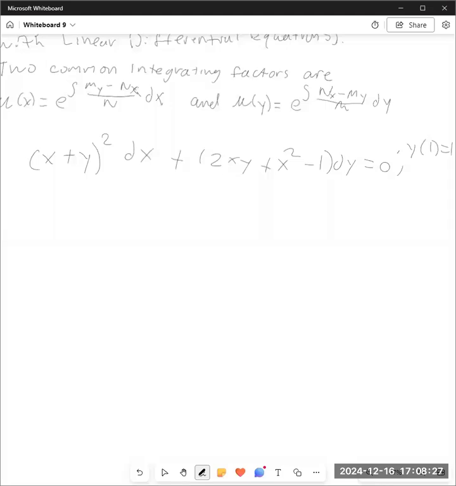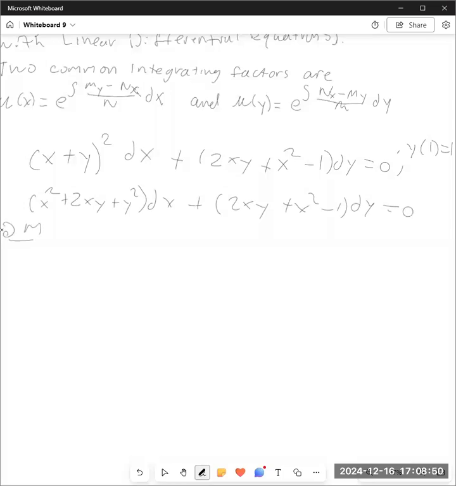All right, let's go ahead and find the derivative of this piece with respect to y. So before we do that, let's just make this x squared plus 2xy plus y squared dx plus, this is already expanded.